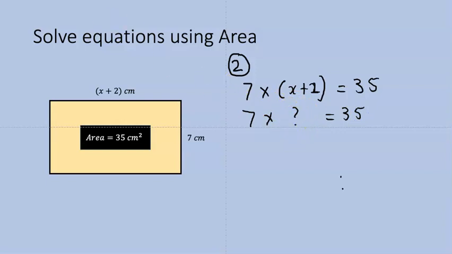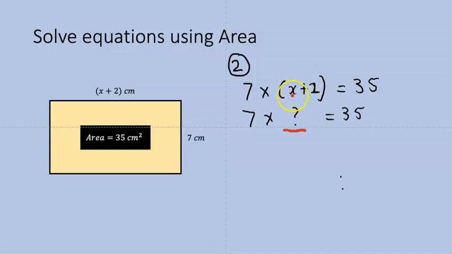This number here, the question mark, has got to be 5.